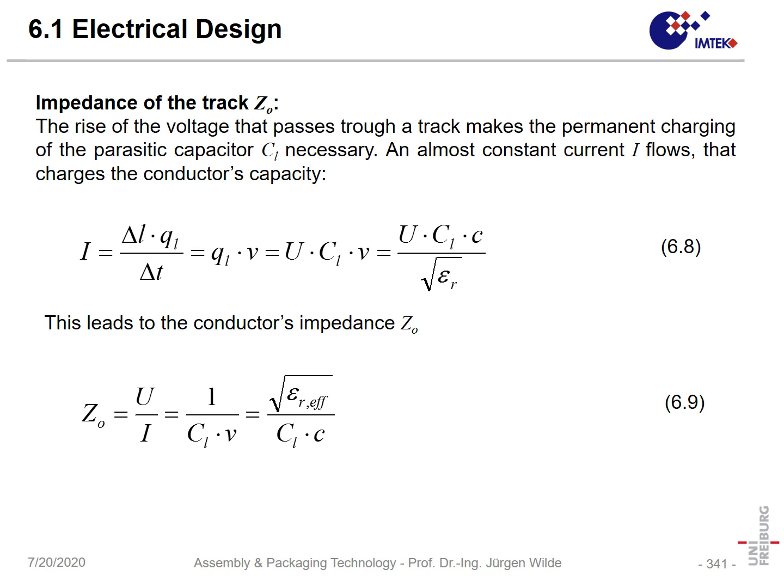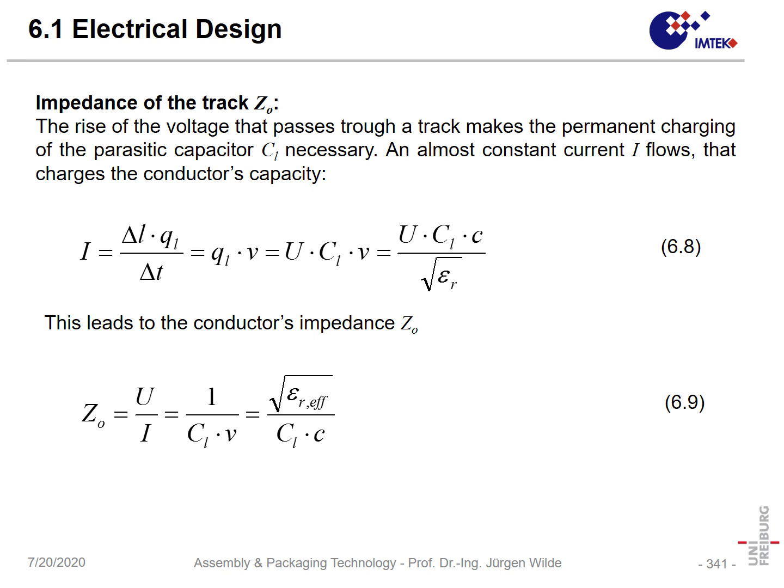The impedance is just voltage divided by current, so you take the current, put it here, and the impedance is just 1 divided by the specific capacitance and divided by the speed. So it's the square root of the effective refractive index divided by the capacitance per length and divided by the speed of light.